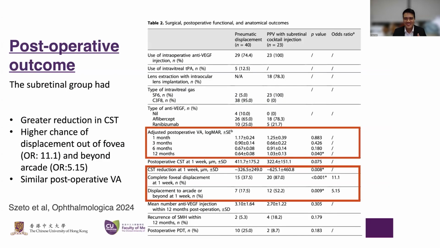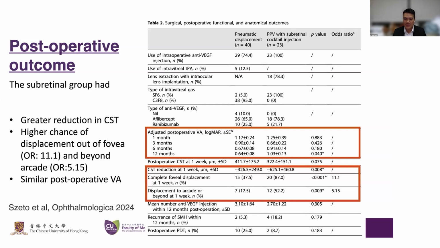But despite these disadvantages, despite the subretinal injections group having more severe submacular hemorrhage at baseline, the postoperative vision was comparable at least up to month 6, and they all had a significant improvement in visual acuity compared to baseline.